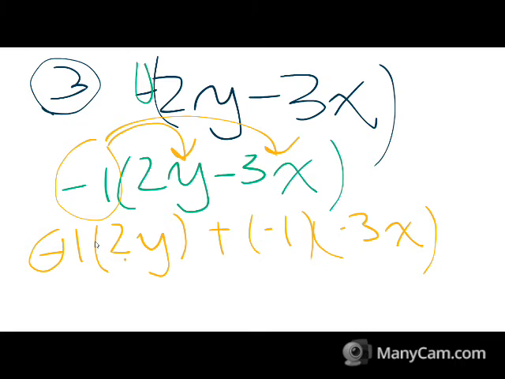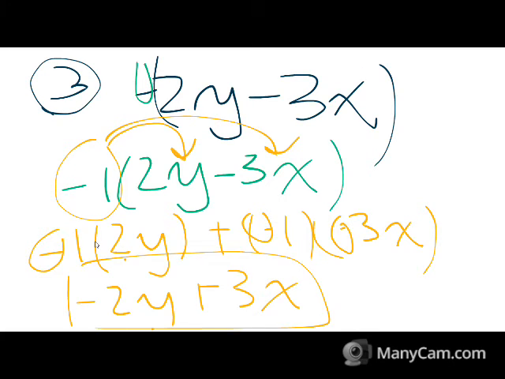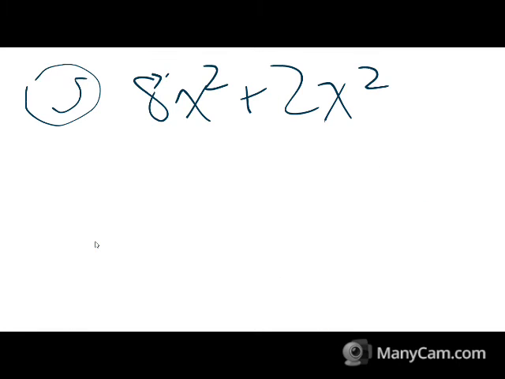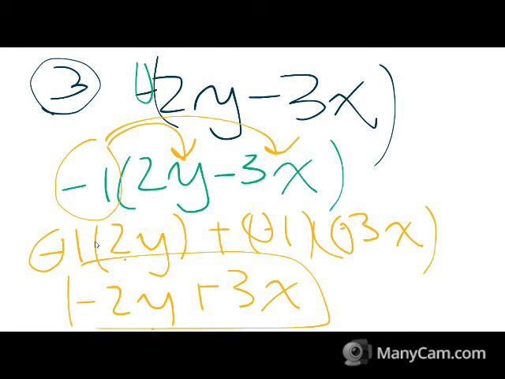So negative 1 times 2y is negative 2y, plus negative 1 times negative 3x is positive 3x. So that's your answer, negative 2y plus 3x. So why don't you try letters A and C of the Got It in your student companion book.